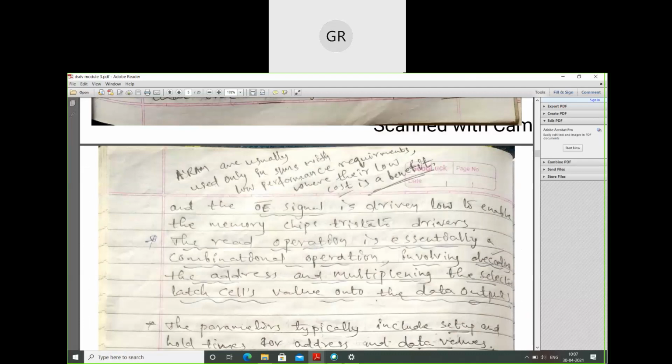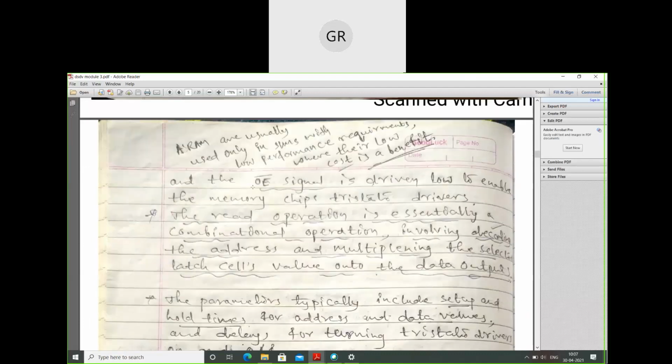In the read operation of asynchronous SRAM, the read operation involves decoding the address and multiplexing the selected latch cells' value onto the data outputs. Directly, we will not drive the read data to the data outputs here in the asynchronous.